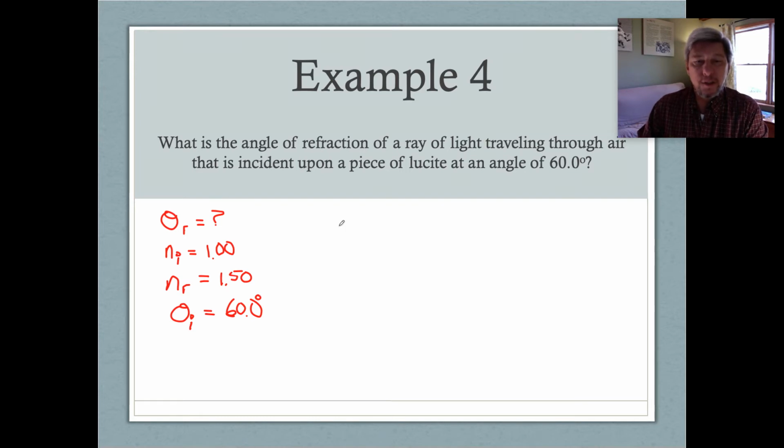Now, using Snell's law, we know that n i times the sine of theta i equals n R times the sine of theta R.